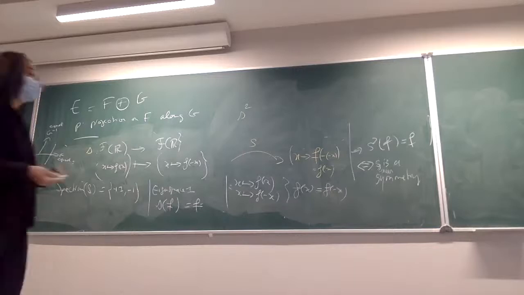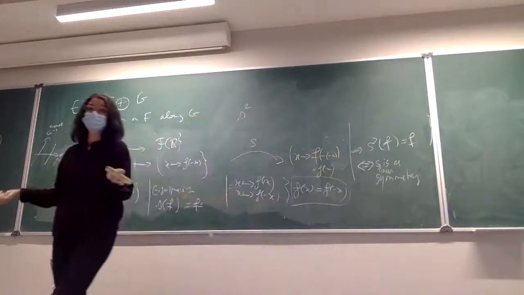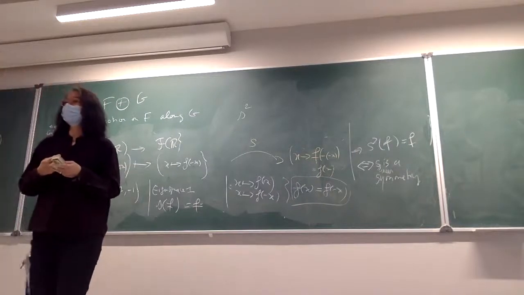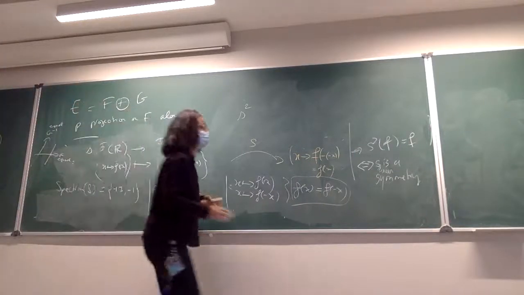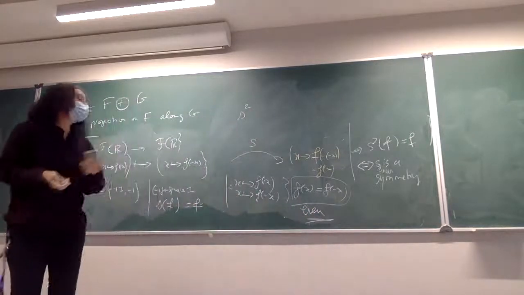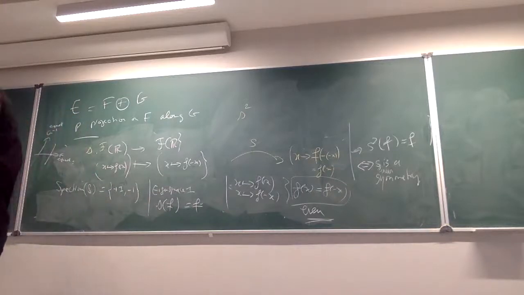What's the property? If you have a function that satisfies this, what does it mean? What kind of function is that? It's an even function, yes. So the eigenspace corresponding to eigenvalue 1 is the space of even functions.